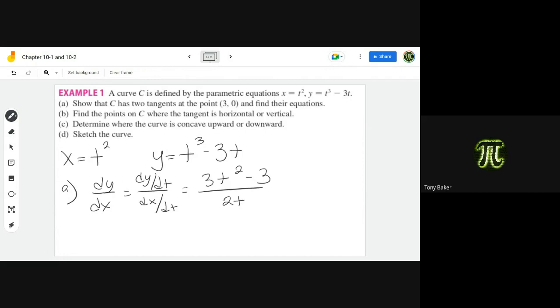All right. So we have our derivative. Now I want to find it at that point. So we need to find the t value that's going to work and give me the point (3, 0).